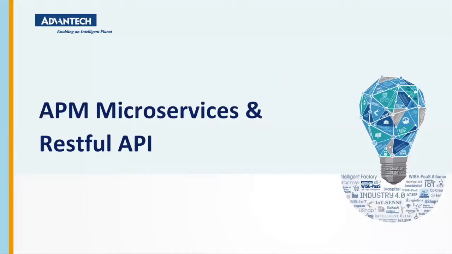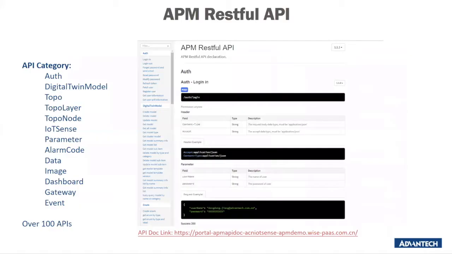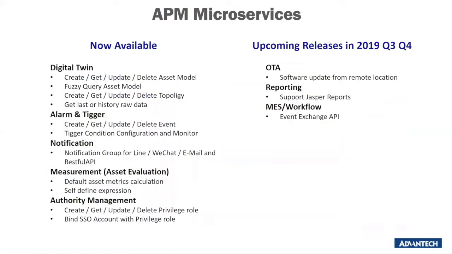Following is the introduction of APM microservices and RESTful API. APM provides over 100 RESTful APIs for developers and SI partners, including authentication and permission control, digital twin model, topology, etc. APM provides abundant microservices.